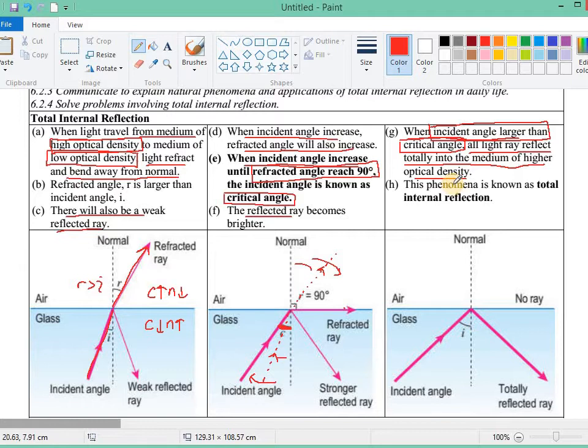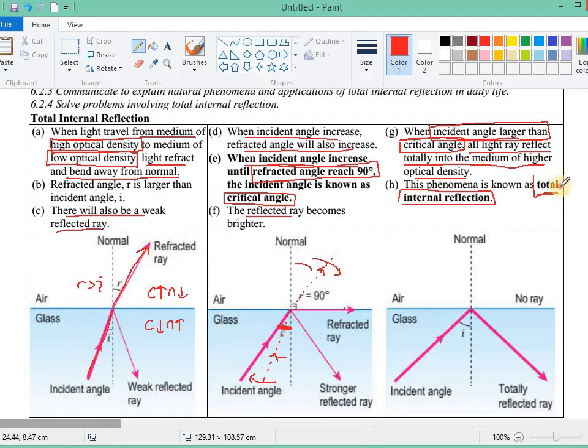So this phenomenon where all of the light ray is totally reflected inside the medium is called total internal reflection.